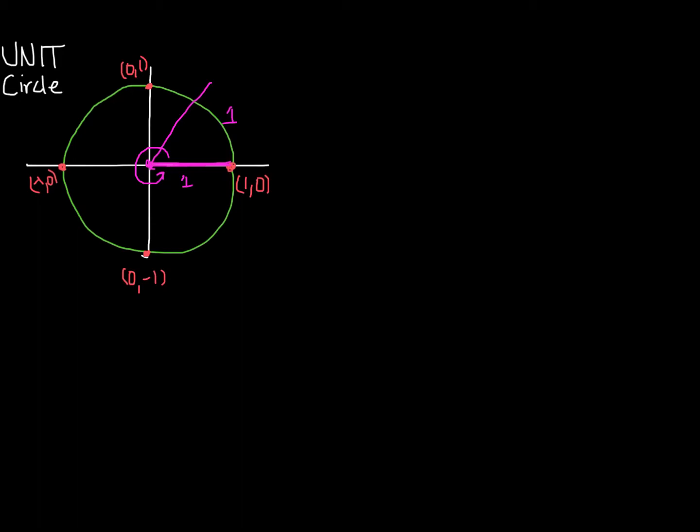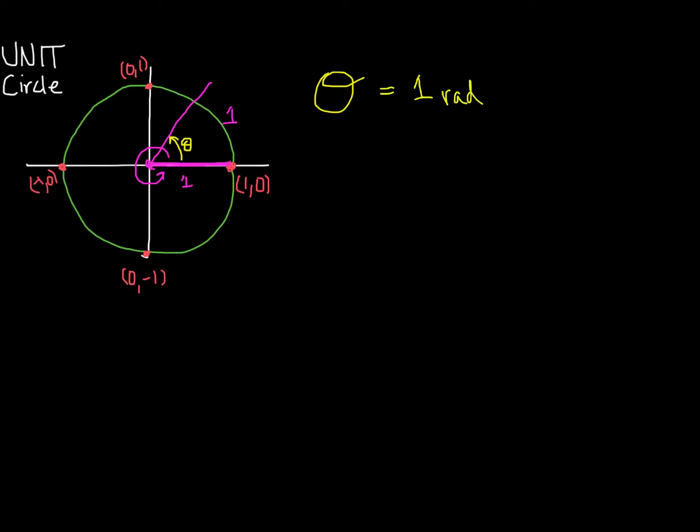So if I said this angle here is an angle measure, we're going to start using the variable theta. I'll draw it nice and big for you here. Theta looks like that. It's a Greek letter. And so this yellow angle here, we might say is equal to 1 radian.